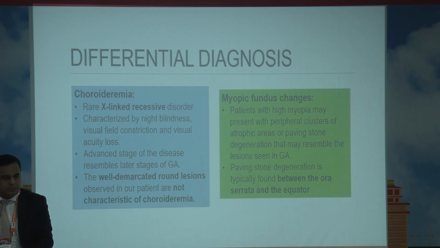In advanced stages of the disease, it resembles later stages of gyrate atrophy, but the well-demarcated round lesions observed in our patient are not characteristic of choroideremia. In myopia, patients with high myopia may present with peripheral clusters of atrophic areas or paving stone degeneration that may resemble the lesions seen in gyrate atrophy. But paving stone degeneration is typically found between the ora serrata and the equator, while in gyrate atrophy, the lesions are more concentrated in the mid-periphery.